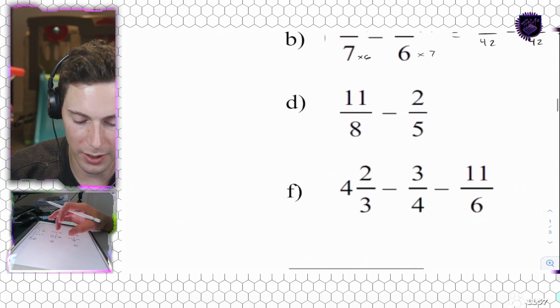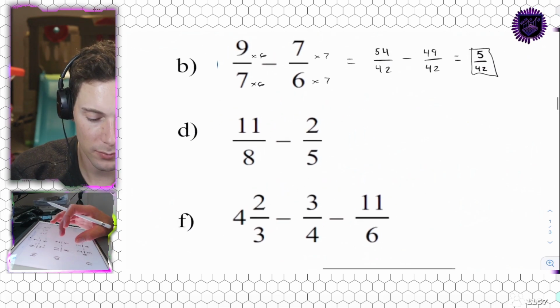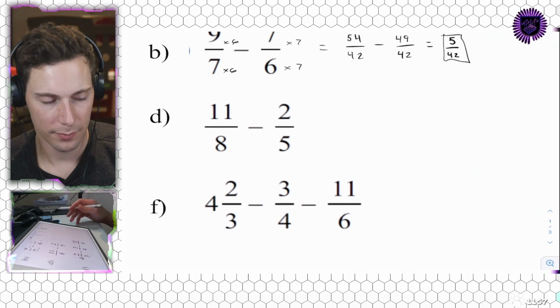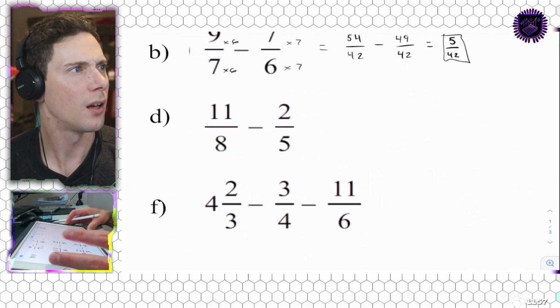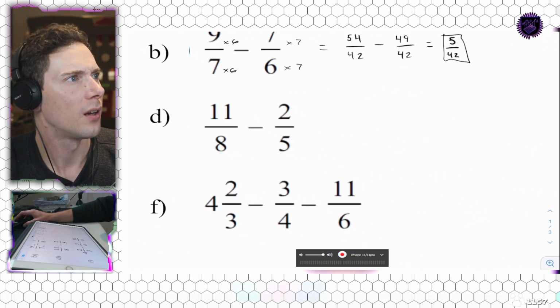Improper fraction, 11 over 8 minus 2/5. Gotta be ready for anything here. What is playing here?